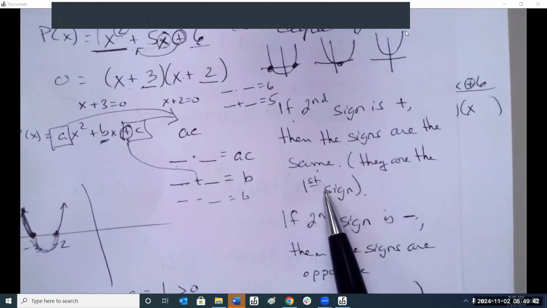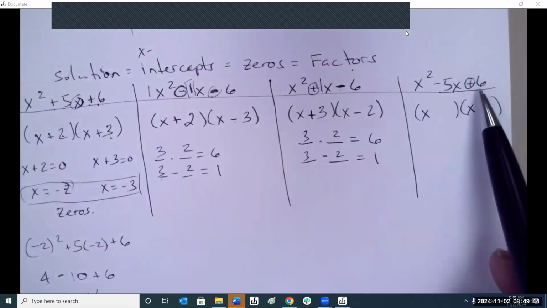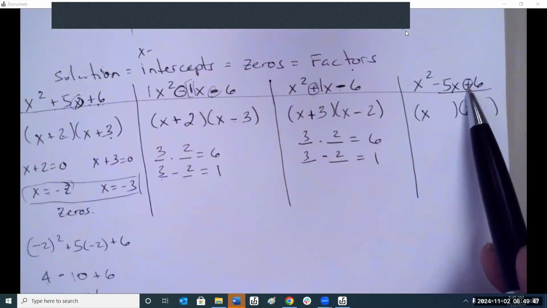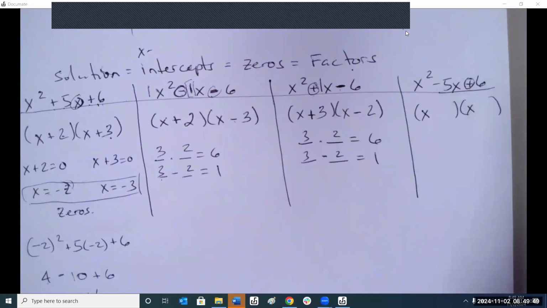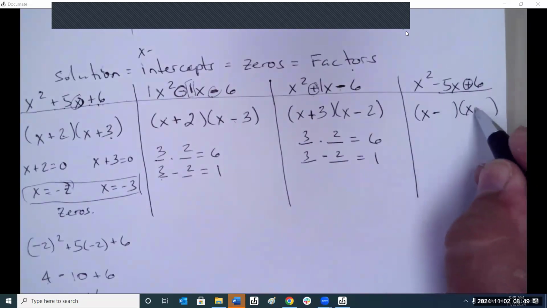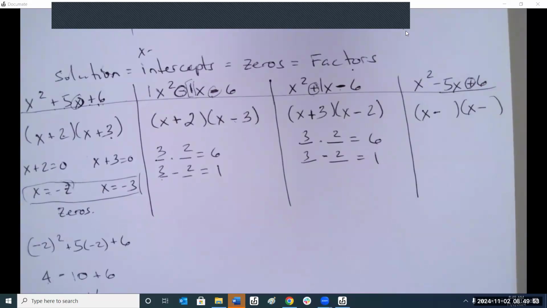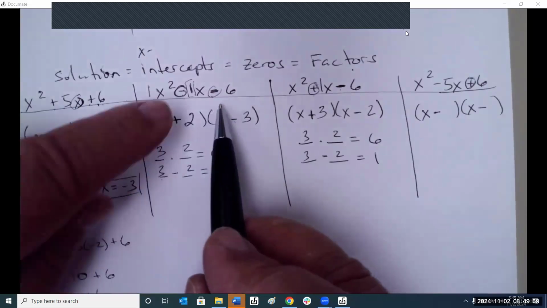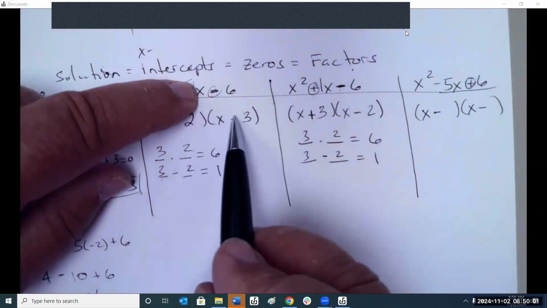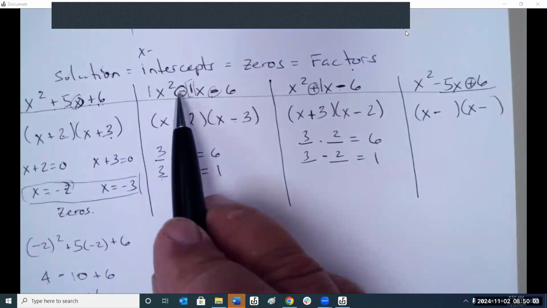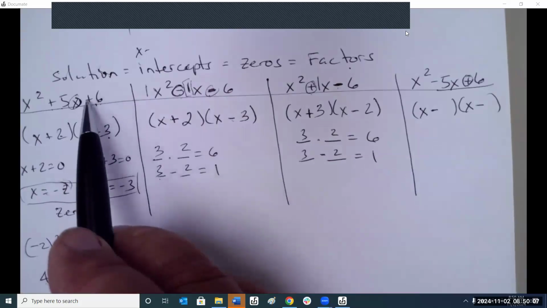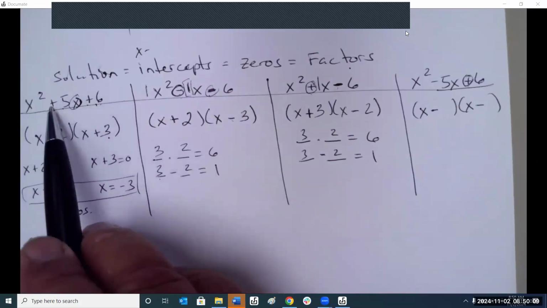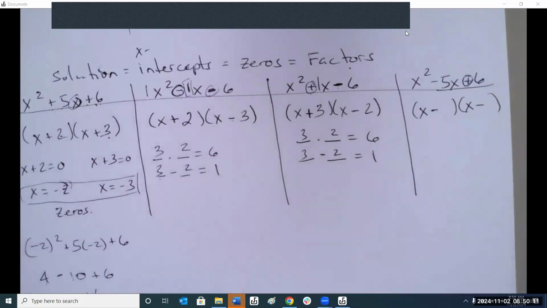It's whatever the first sign is. In this case, they'll both be negative. If the second sign's negative, that means there are going to be opposites, and the first sign tells us the bigger number gets that sign. If the second sign's a plus, they're both the same, whatever the first sign is.